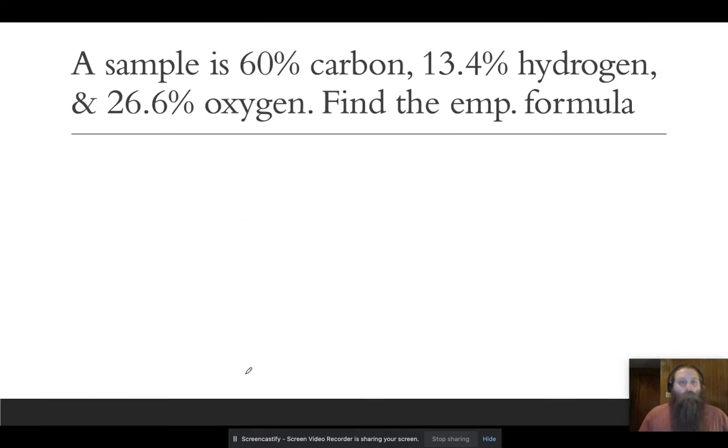Let's do another one. The example is 60% carbon, 13.4% hydrogen, and 26.6% oxygen. Find the empirical formula. All right, well, I know I have C something, H something, O something. So we're going to go 60 grams of carbon. We're going to change that to moles by dividing by the mass.